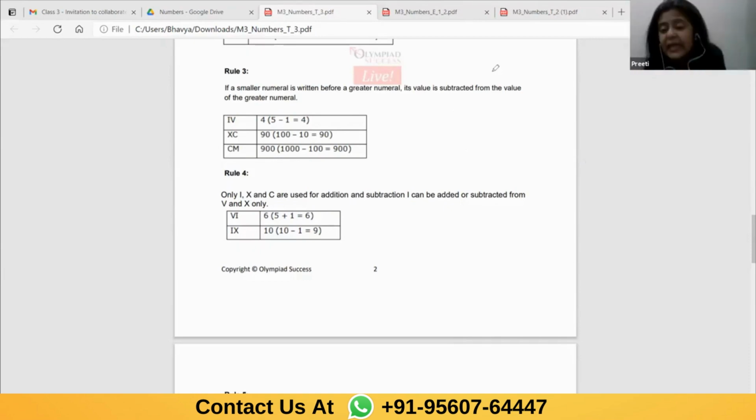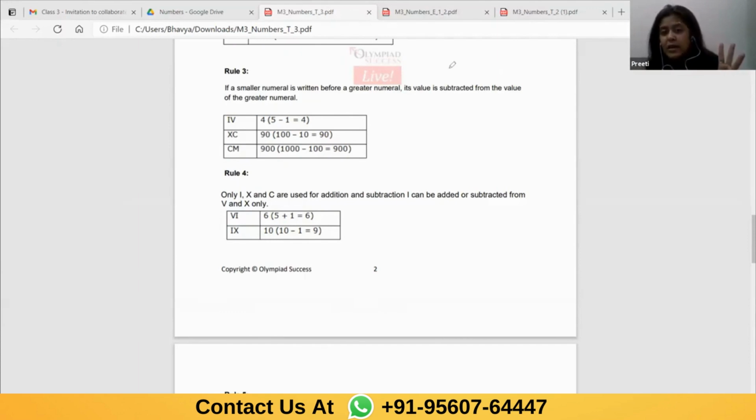Bacha, I said that you can use symbol I only with V and X. See, there are 7 symbols in Roman numerals. One of them is I, one of them is V, and one of them is X. So these are 3. Right. So I am saying that you can use symbol I only with these 2 symbols V and X. You cannot use I with the remaining 4 symbols, which are L, C, D, and M. That is not allowed.